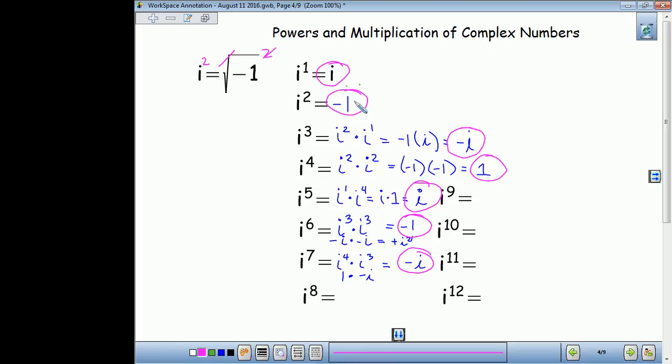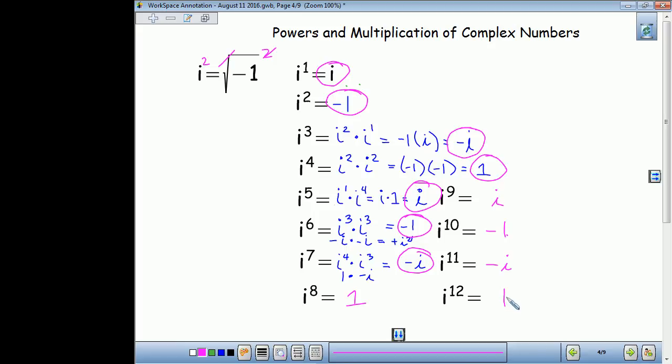So it's i, -1, -i, 1. i, -1, -i, 1. And it keeps going forever and ever.